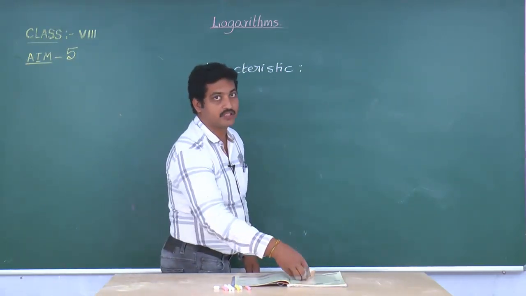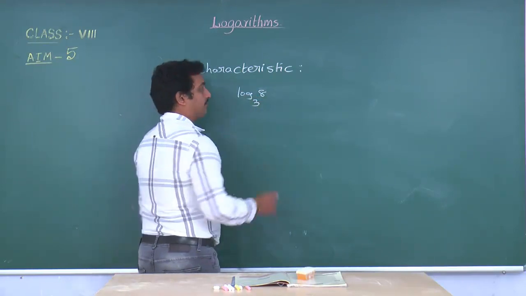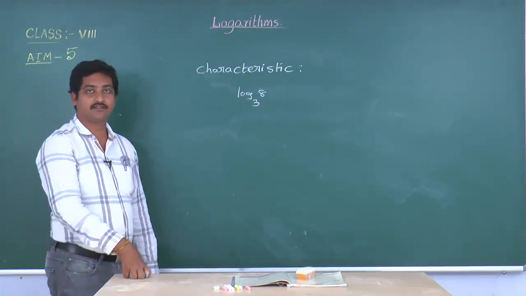See some examples. Log 8 to the base 3. What is its characteristic?